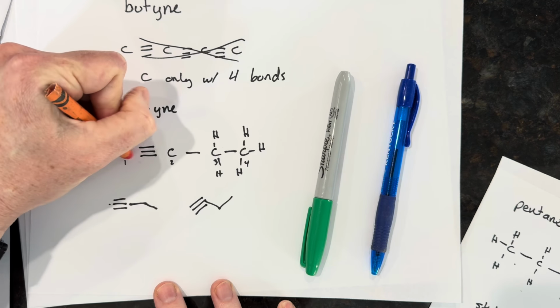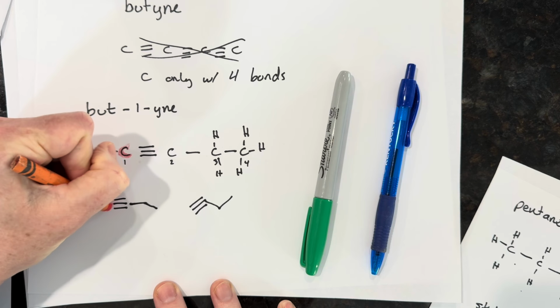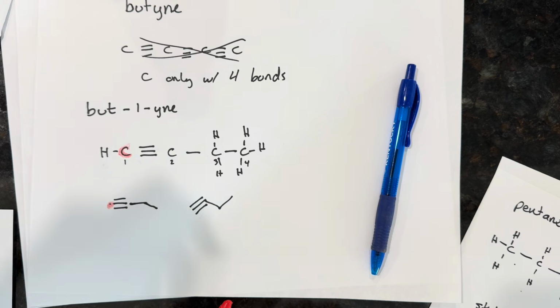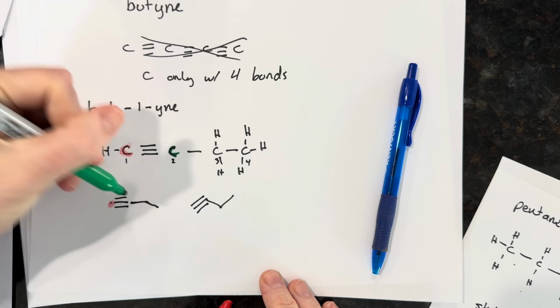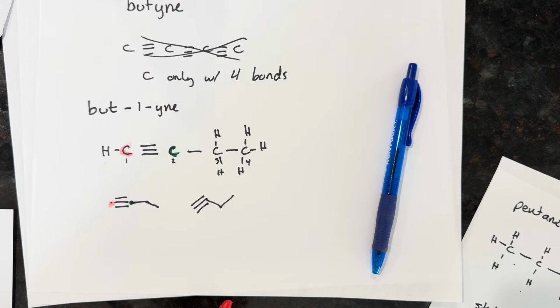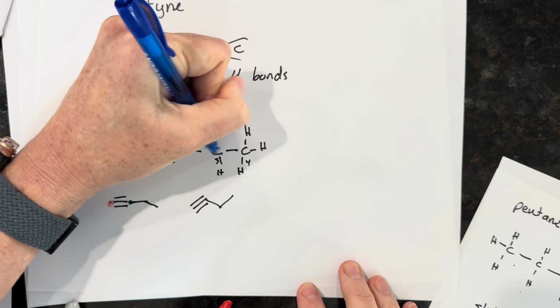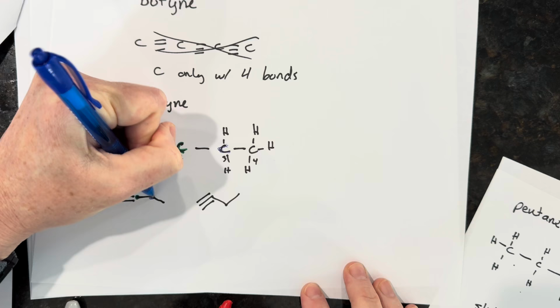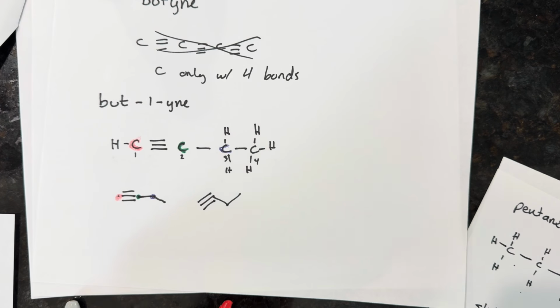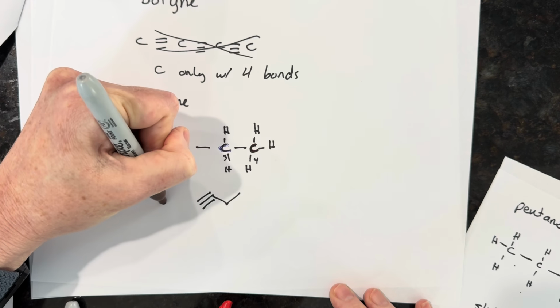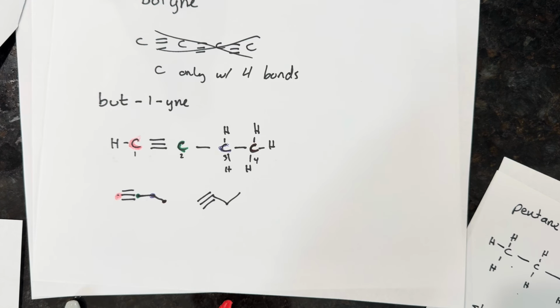So let's say this carbon is right there, okay? And if the green is this carbon, that one's right there. And if the blue is this carbon, then it's right here, okay? And then the brown is this carbon, it's right here, okay?